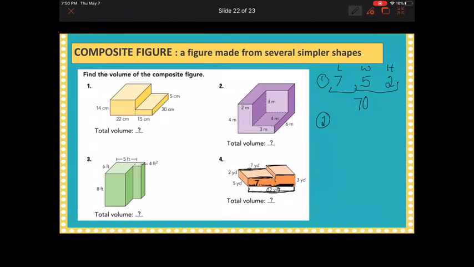It would be 7. If this is 7 and the whole thing is 12, what is going to be the length right here? This is 12. This is 7. Let's take that away, and you're left with 5. Okay, so for this number 2 rectangle, the length is going to be 5.